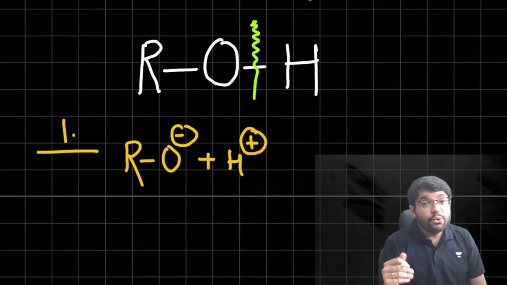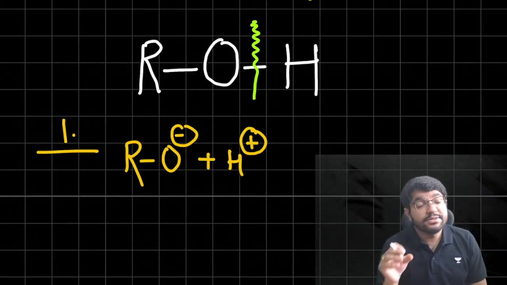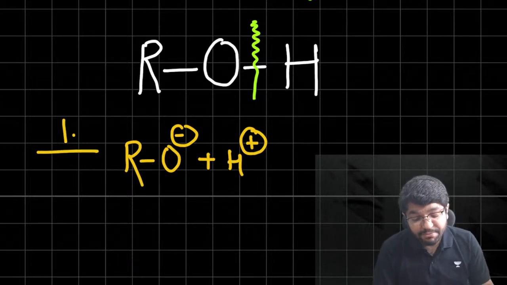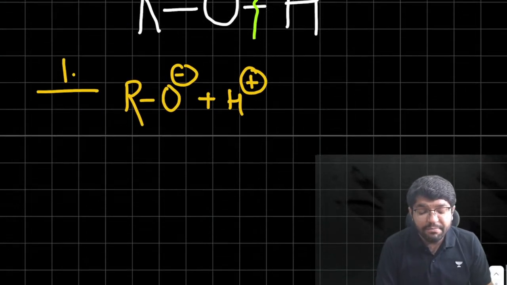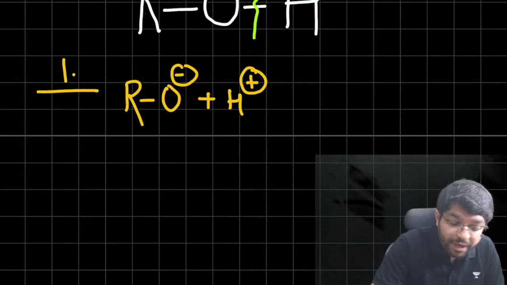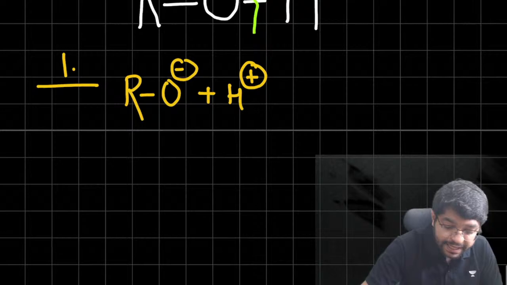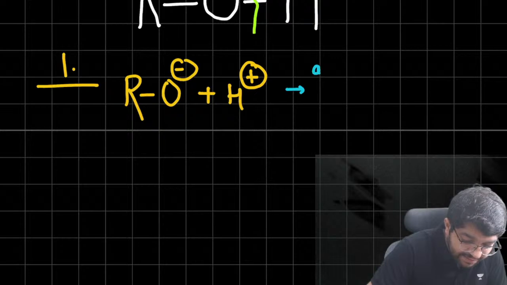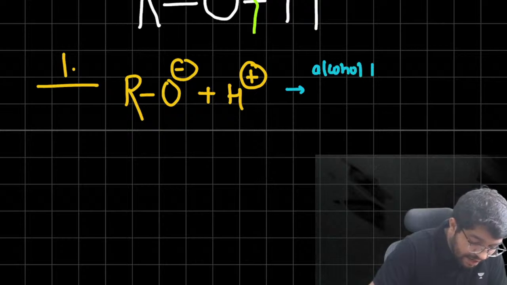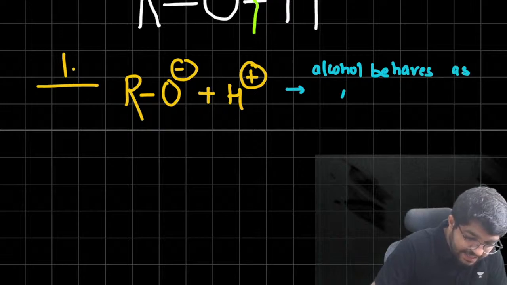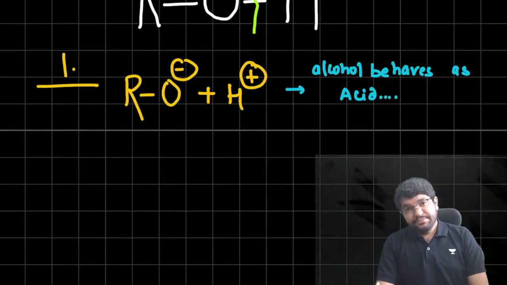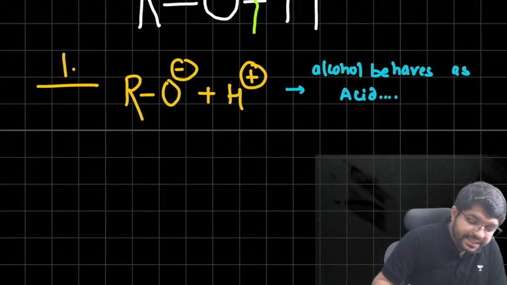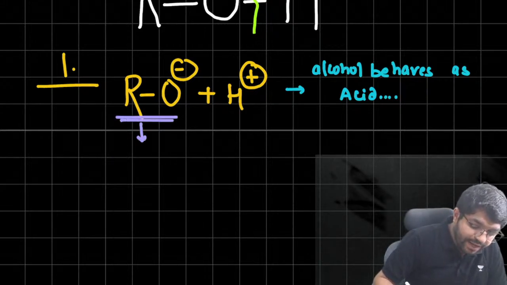That is, my OH bond breaks. Remember, this is very, very important. When my OH bond breaks, in this case the alcohol behaves as an acid. H plus, and this RO minus becomes a nucleophile.